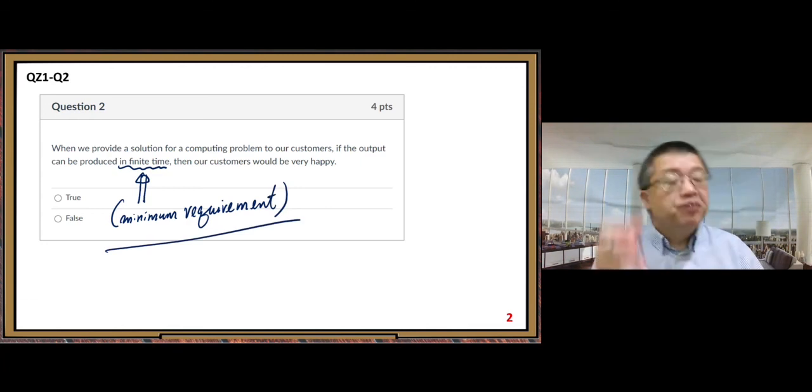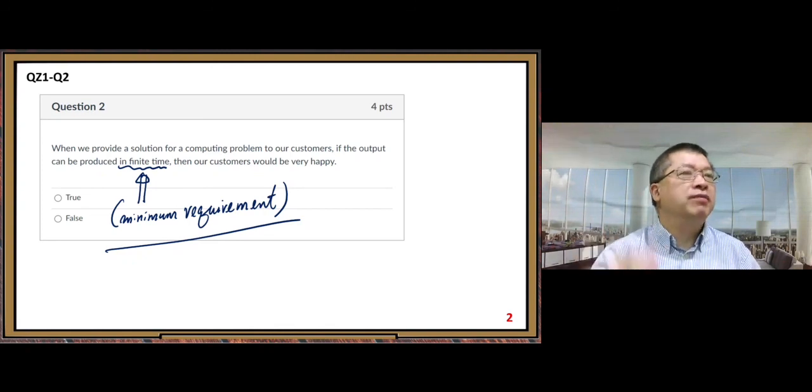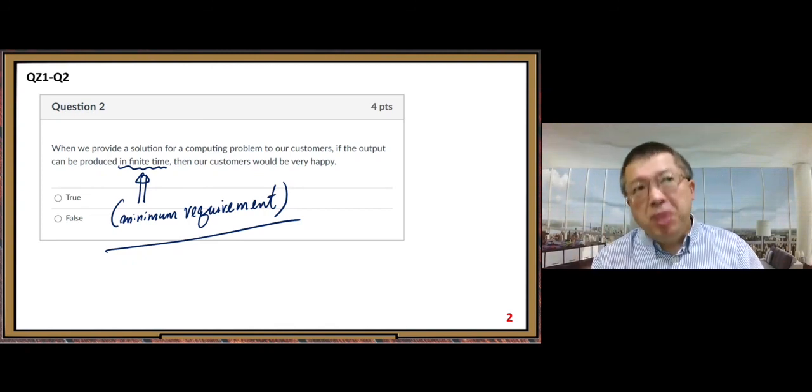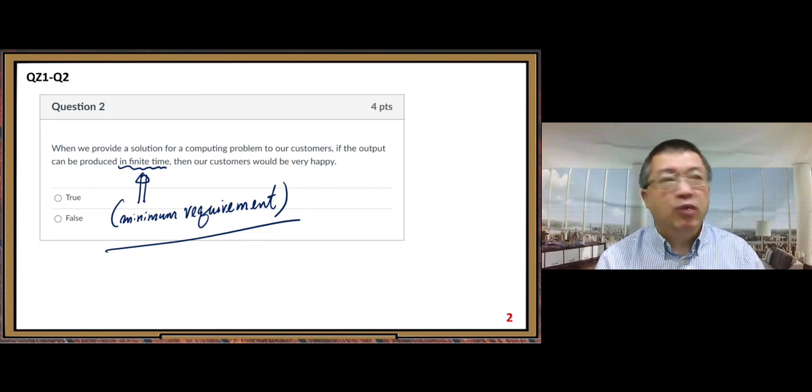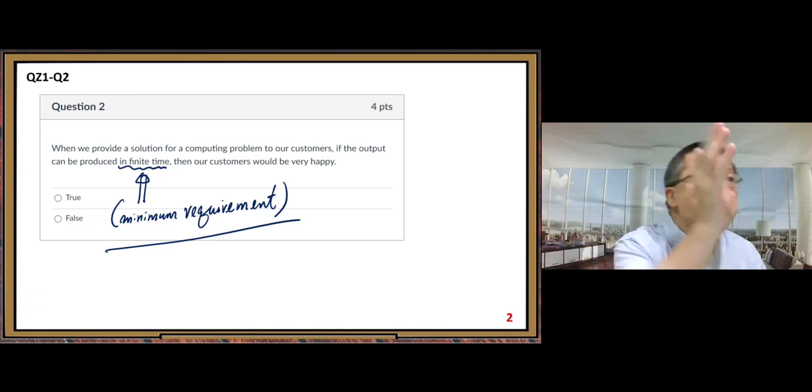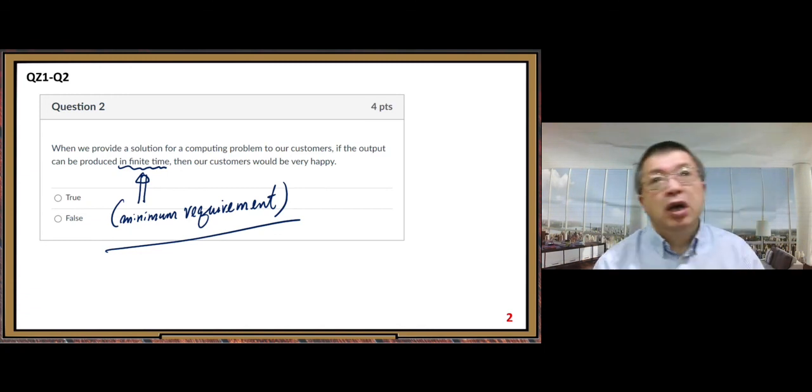That means if you miss this one, it won't work. But it does not mean that if you have this minimum requirement, your customers will be very happy. Your customers may not be very happy if you only satisfy the minimum requirement.